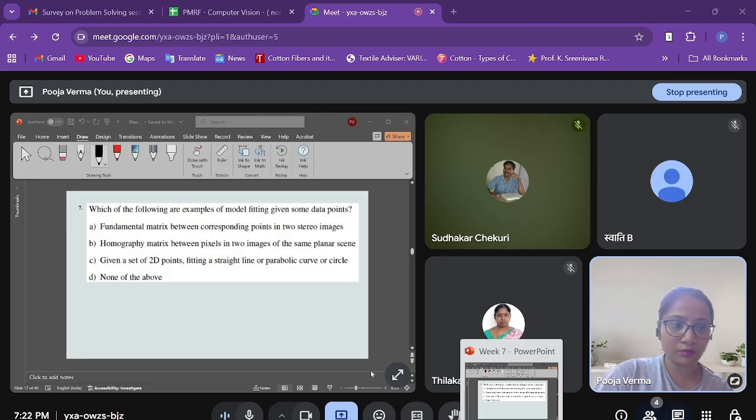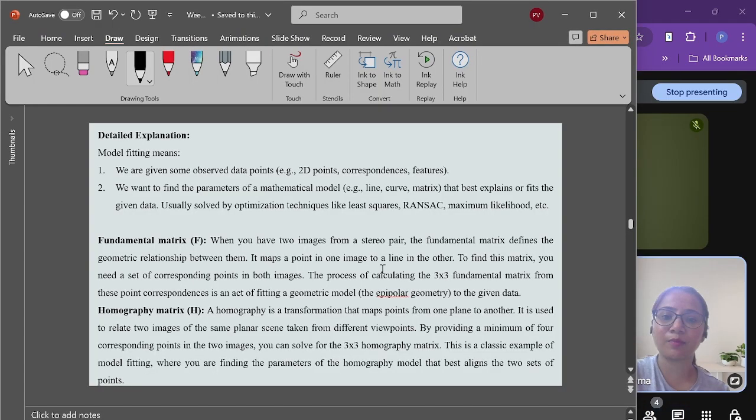First we will see what is our fundamental matrix and its contribution between the corresponding points in two stereo images. If you have two images from a stereo pair, the fundamental matrix defines the geometric relationship between them, and it maps a point in one image to a line in the other.